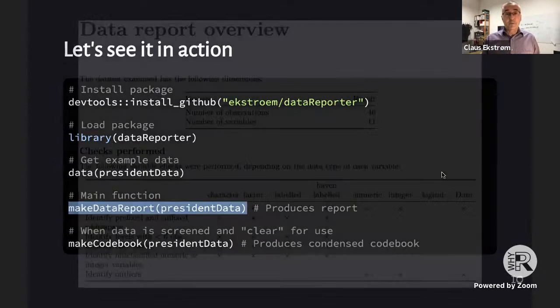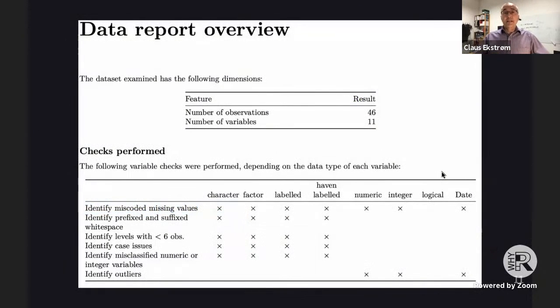So let me show you some examples here. The PDF file that is produced when you feed the data frame to the makeDataReport function starts by giving an overview of the data. In the president data, we have 46 observations, 11 variables, and there's a bunch of checks that are part of the default package, and we can see them towards the bottom here.